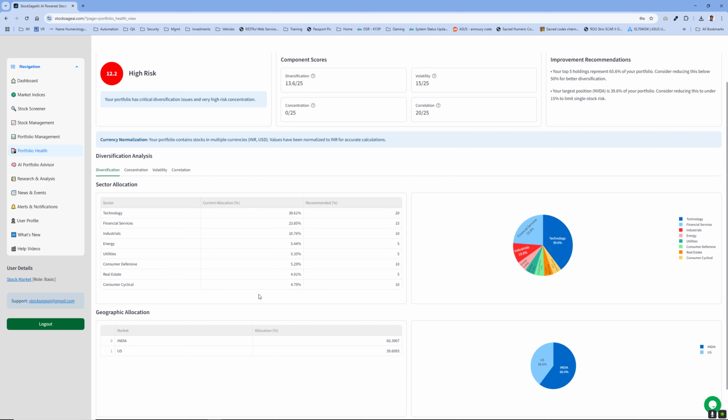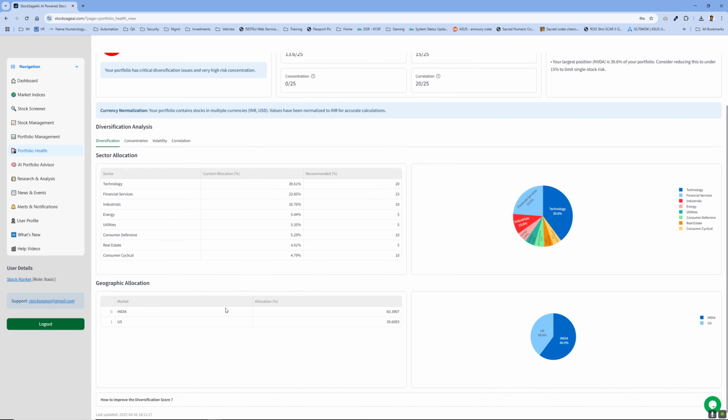So if we look at what each of these components or analyses provide us in detail, we get the sector allocation, like which sectors are having what kind of allocation in our portfolio, and what the AI is recommending. If you actually understand the background, AI does a lot of logic and deep analysis in terms of how these sectors are faring over a certain period of time.